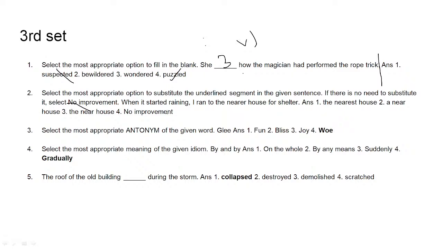She was अगर रहा तो you can write puzzled. She was puzzled how the magician had performed the trick. But अगर be verb नहीं रहा तो directly wondered, because she was wondered नहीं होता, यहाँ पे आएगा she wondered. So that is why these are the two alternatives we can talk about.